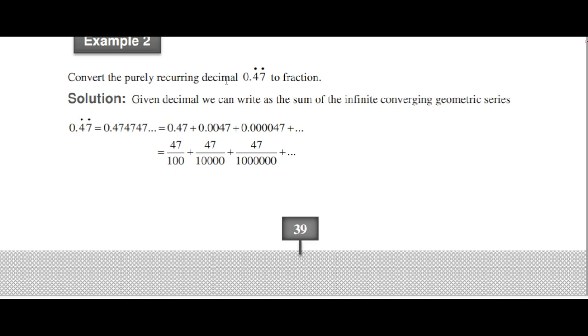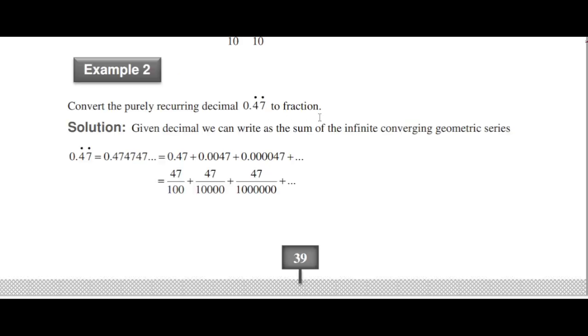Convert the purely recurring decimal 0.4747..., where the repeated term is 47, to a fraction. Let's compute it.